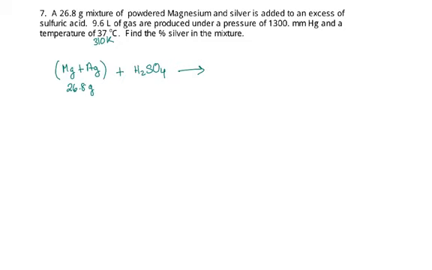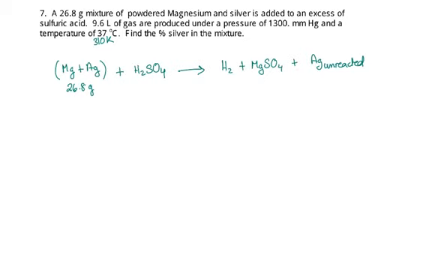The reaction takes place between the magnesium and the sulfuric acid, and our products would be H2 gas along with magnesium sulfate. And then we're also going to get back the silver unreacted. It shouldn't have reacted; it's just the magnesium that reacted.